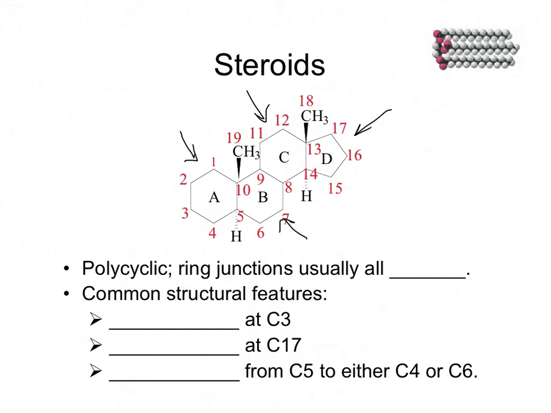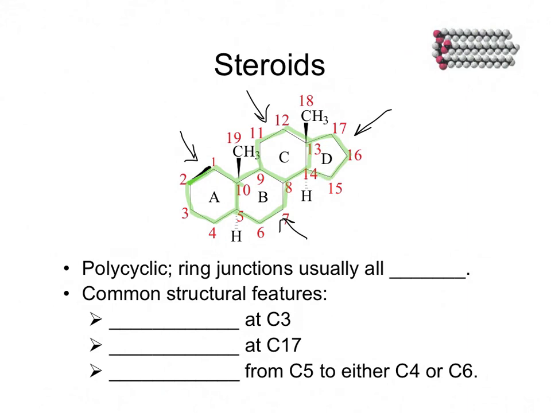So if we were going to outline the part of the molecule that really makes something a steroid, it would be, and let's go to the right color, there we go, this right here, this whole unit outlined just like that. When you see that, you know something is a steroid.